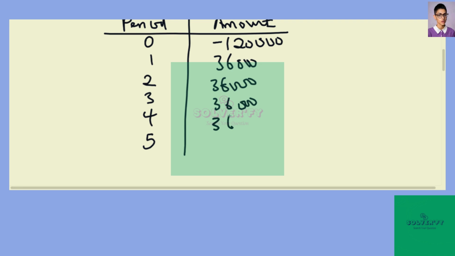Fourth period, 36,000. And now to find the internal rate of return, you take all of this, from this to this, and this will give you 15.24%, and that will be the internal rate of return.